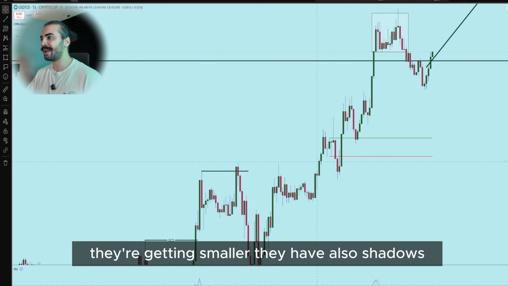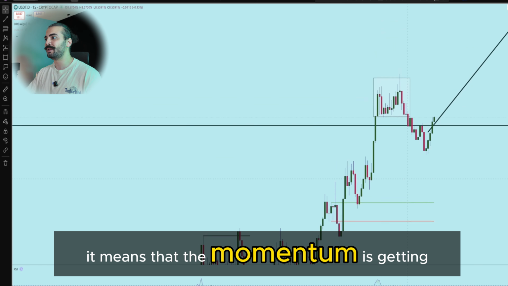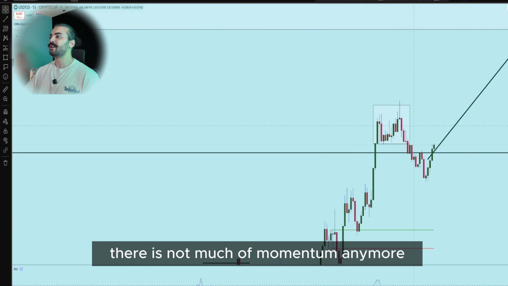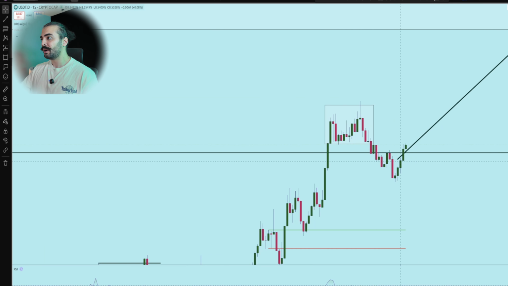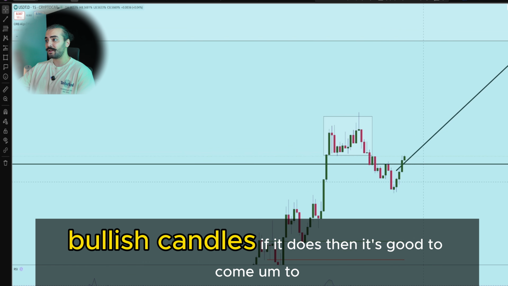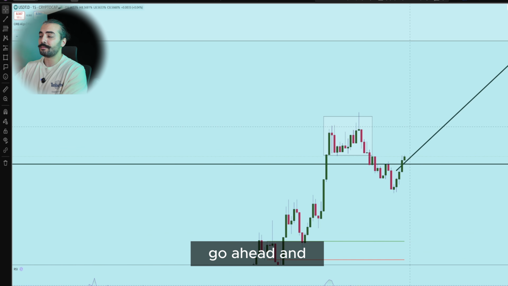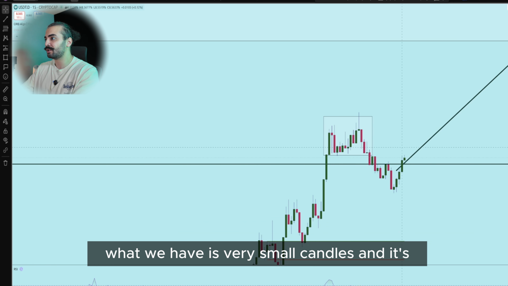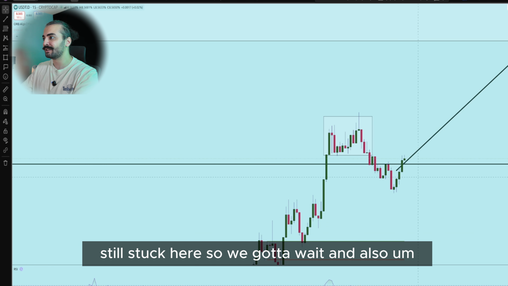They're getting smaller, and they also have shadows. It means the momentum is getting weaker and weaker. And here in this box, we can see that there is not much momentum anymore. Right now, the candles are not making big bullish candles. If they do, then it's good to go ahead and make some more short positions. But right now, what we have is very small candles and it's still stuck here.